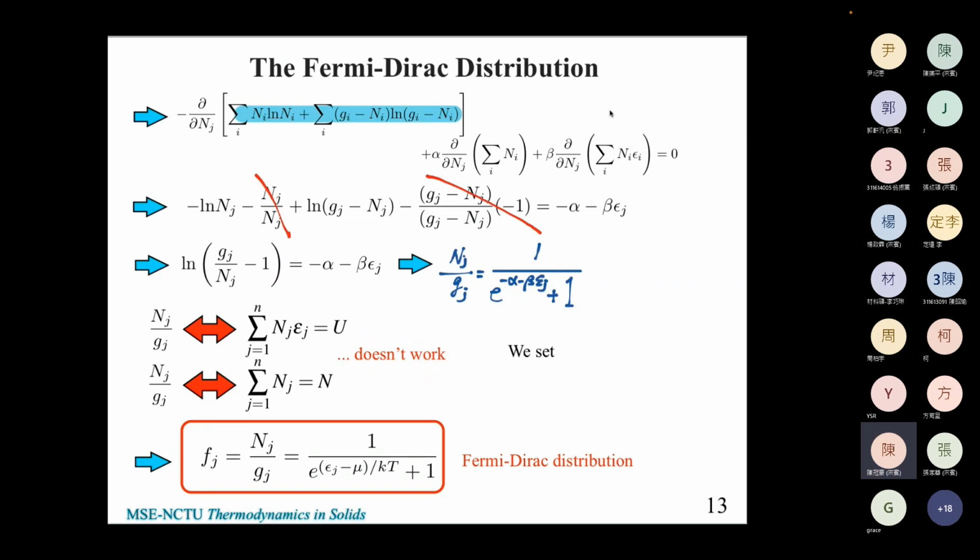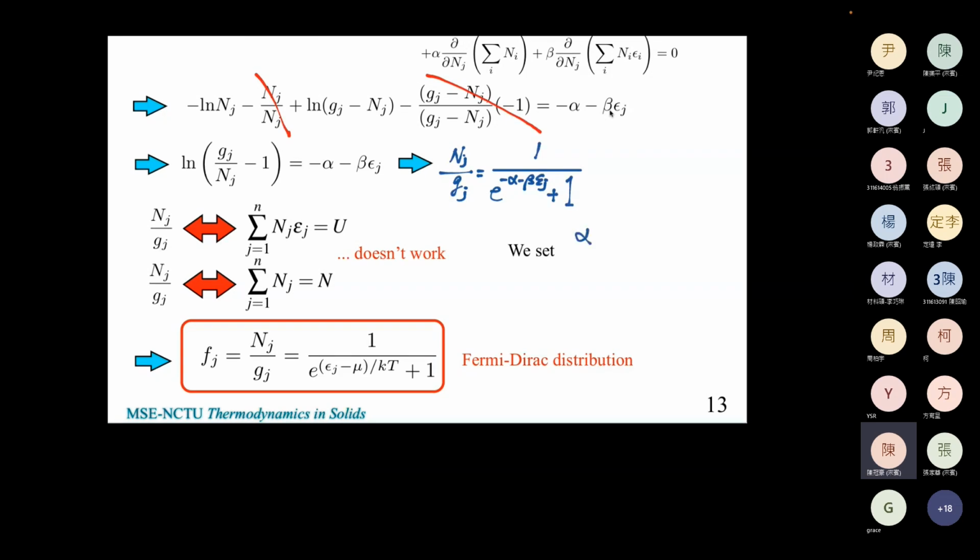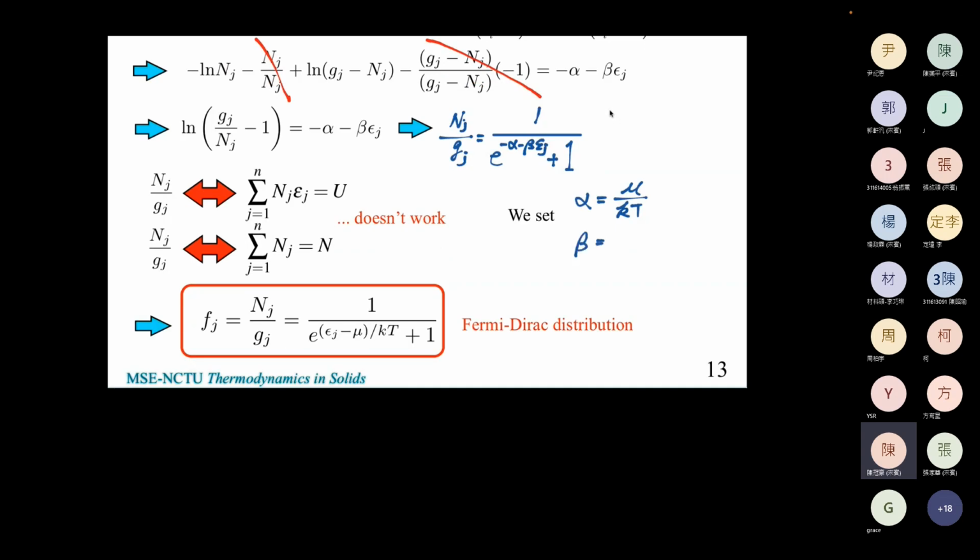Okay, so that's bad. But for now, please trust me, and we set again alpha equal to mu over kT and beta equal to minus 1 over kT first.